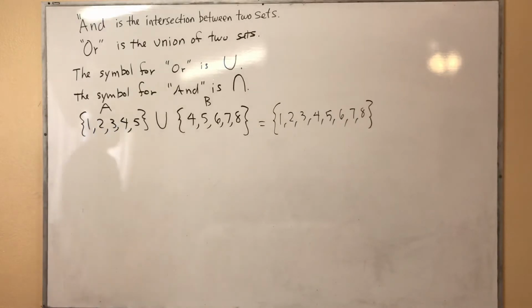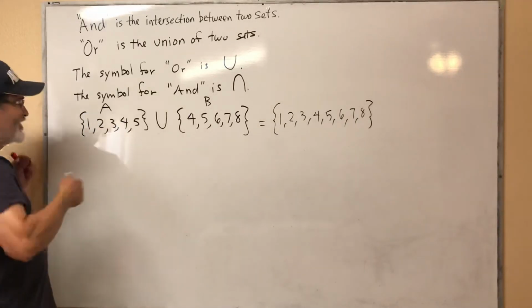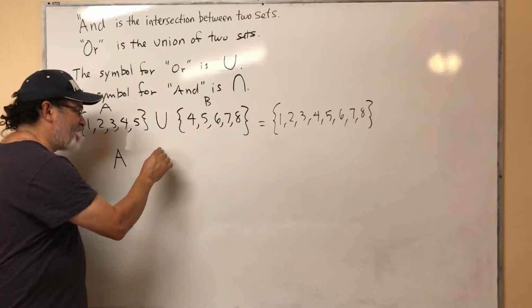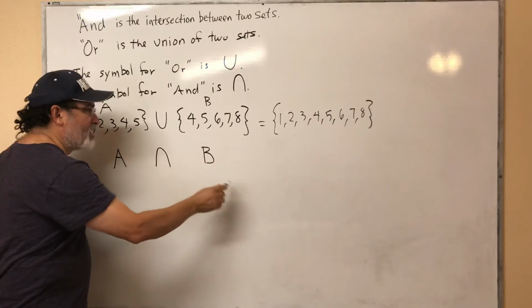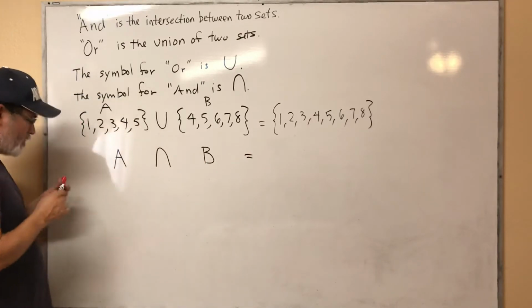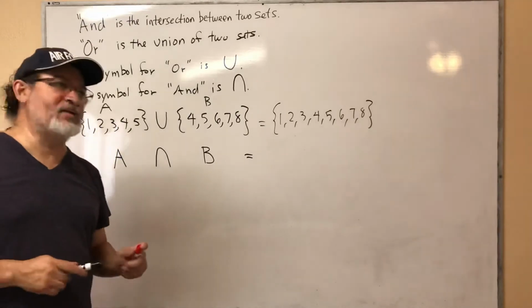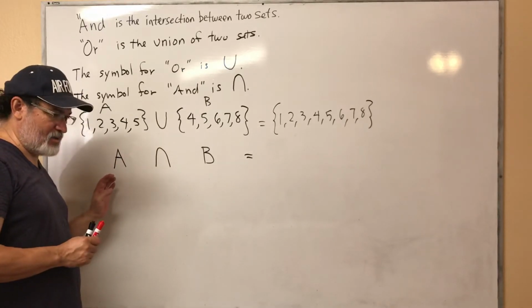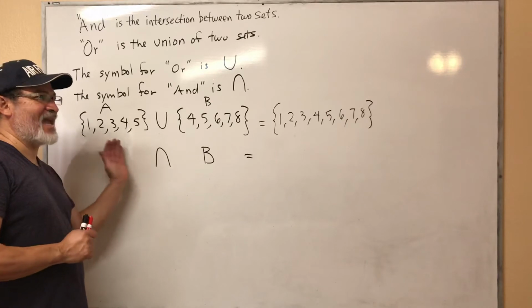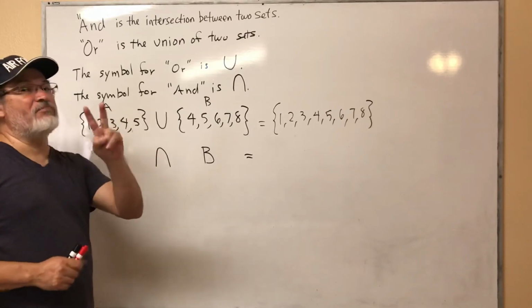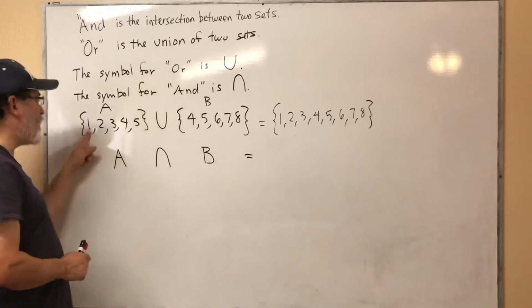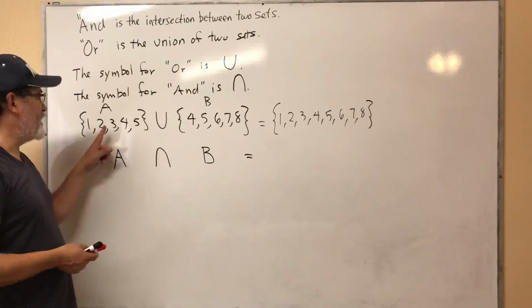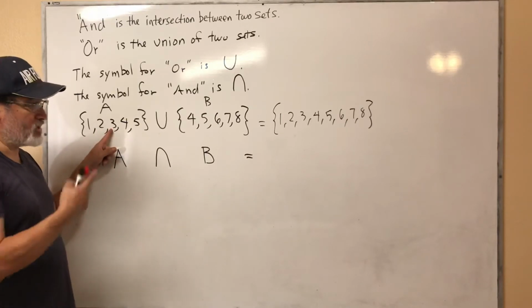How about A, the same A, intersect B. What's this answer? Well, now we want all those values that are in both set A and B. It's gotta be in both. Is 1 in both? No. Is 2 in both? No. Is 3 in both? No. 3 is not over there.